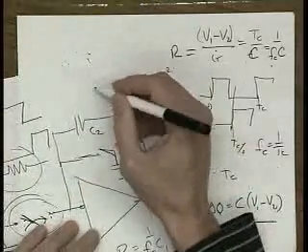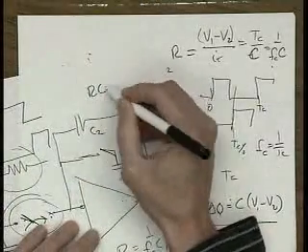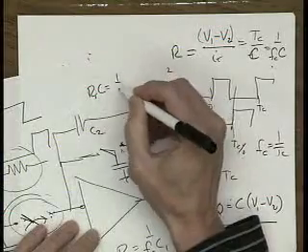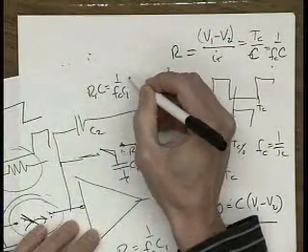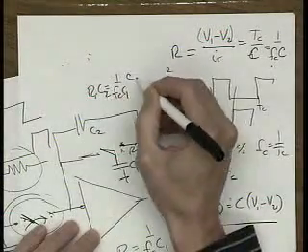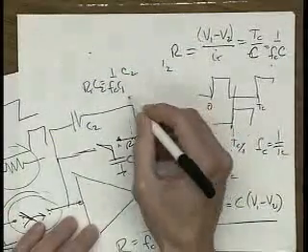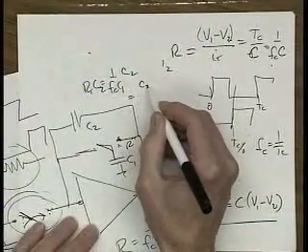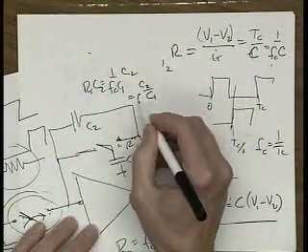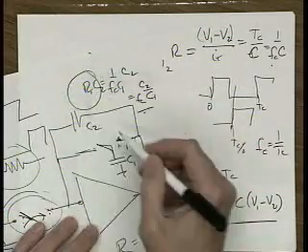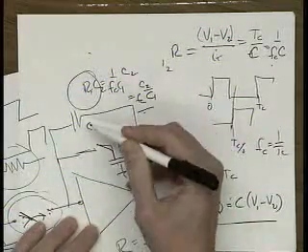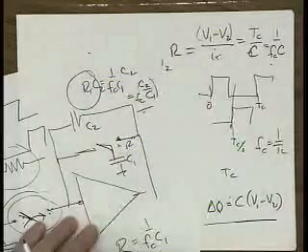So what's that equal to? RC here is equal to 1 over FC times C1 times C2. So this ends up equal to C2 over C1 times FC. So this time constant, which sets the pole location, is now a ratio of capacitors.